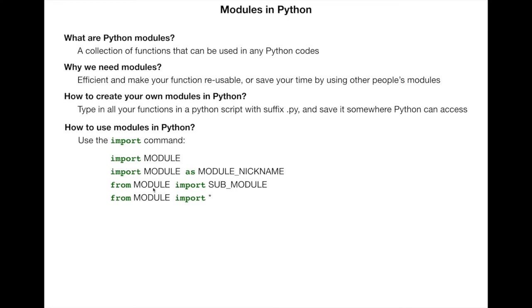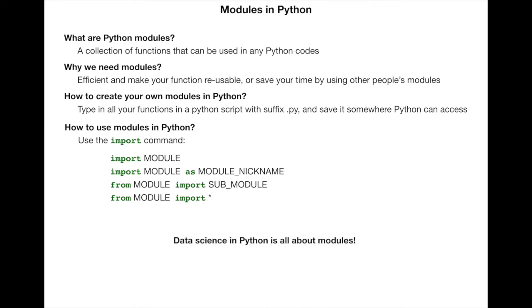And from module import some submodule, for example, when I want only a part of the module, I import something that is a subset of the module. The last one is from module import everything, which uses a star, and we will see what that does later, right?